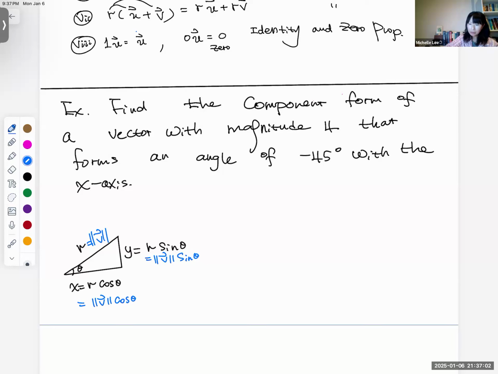Now, they say the magnitude is 4, that means vector v has magnitude equal to 4, right? And an angle of negative 45, how do we indicate that? Negative 45 is clockwise, right?